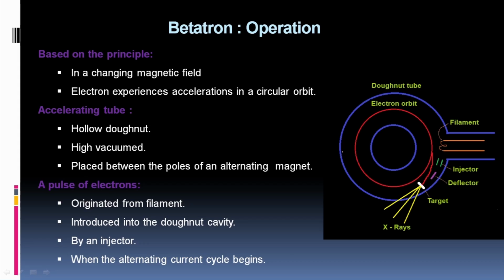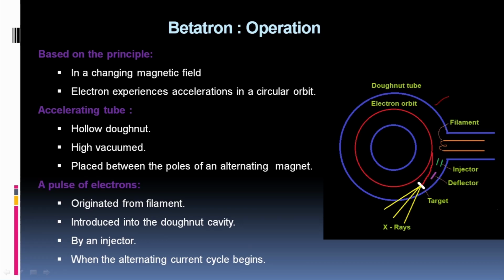Now, the accelerating tube used in the betatron is a hollow donut shaped tube. It is highly evacuated, and there is nothing within this tube. This donut shaped accelerating tube is placed between the poles of an alternating magnet.